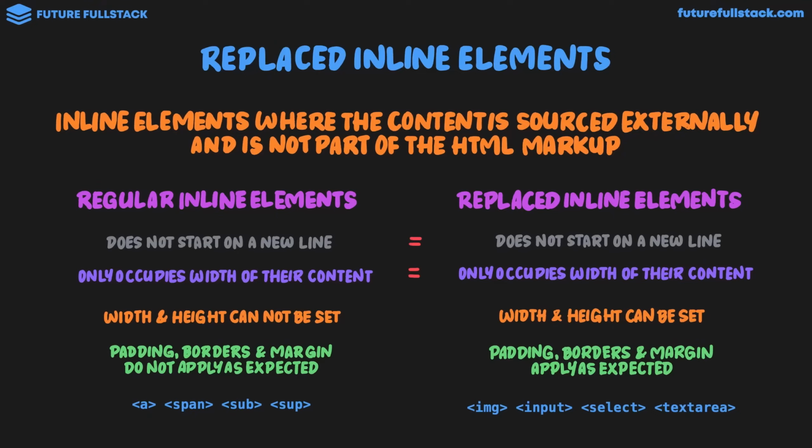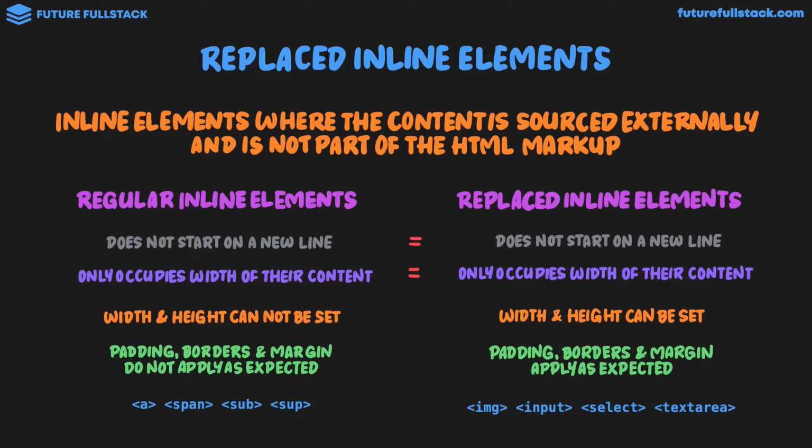The input tag is being replaced by an input field, where I'm able to type something into the box. So replaced inline elements, in a nutshell, there's a subset of inline elements called replaced inline elements, and the most common ones we use are image and input, whereby the box model properties do apply just like a block element.